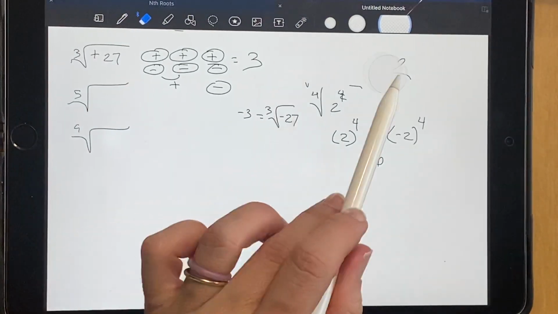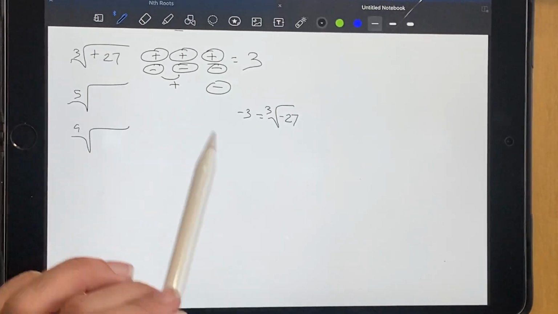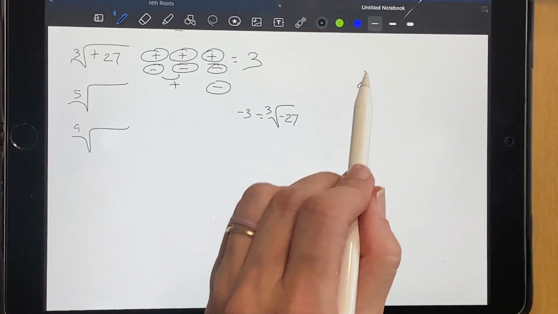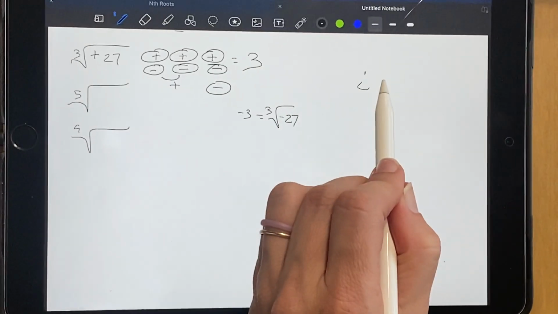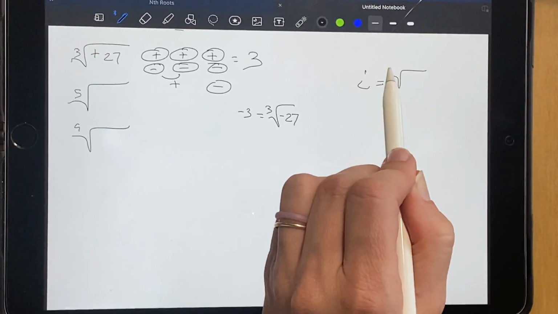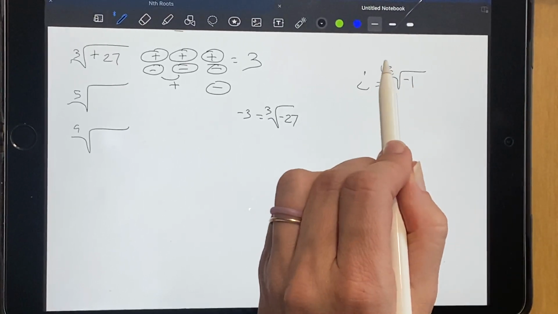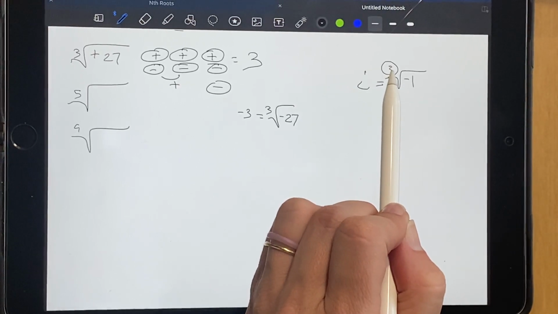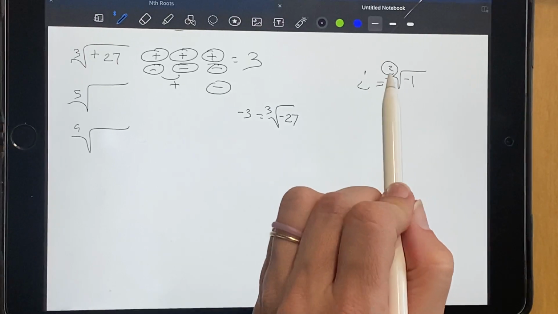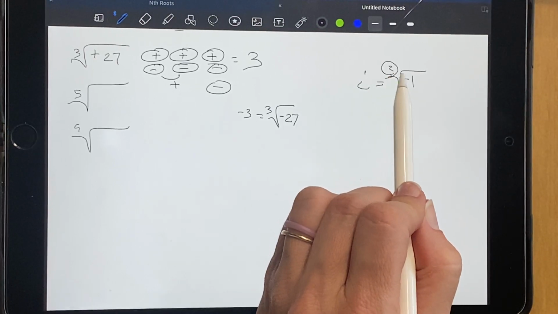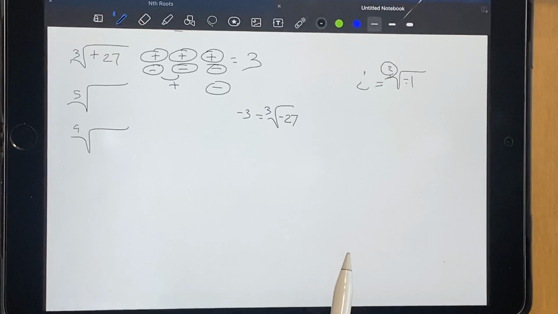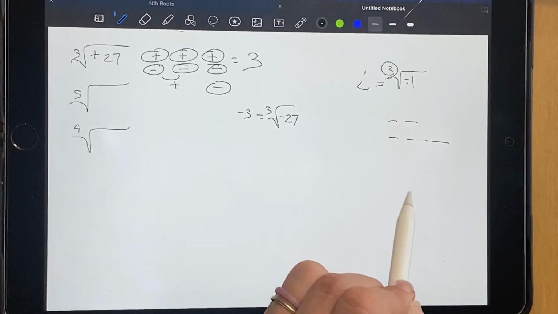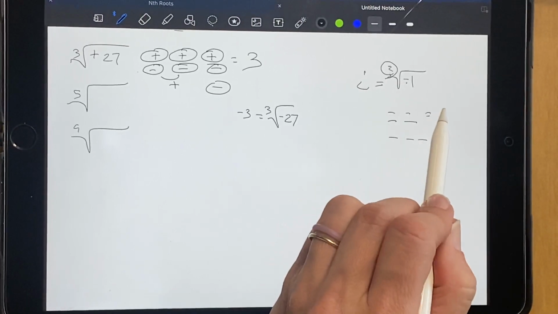Okay, and I know right now you're saying, okay, Miss Thomas, hold on. We have a negative under a radical. Isn't that i? Didn't we talk about i? We talked about i being the square root of negative 1, because it was an even root. And we cannot have an even root and have a negative number, because we just learned that anytime we have an even root, no matter how many pairs we line up, if they're all negative, it's going to be positive.